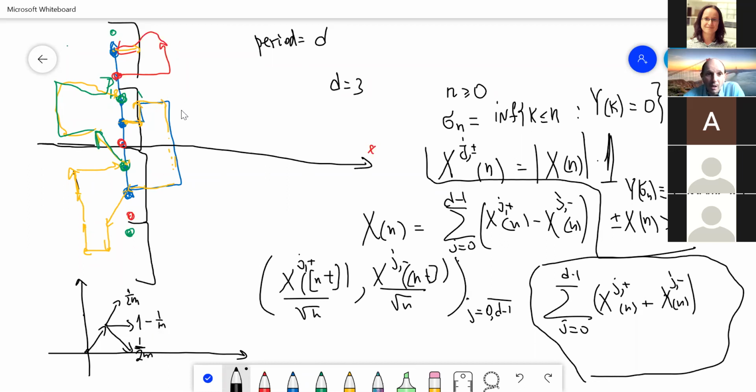Here m is the dimension of the space. Now m is 2.